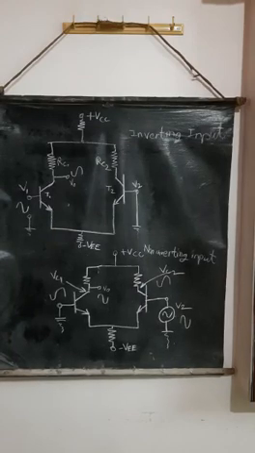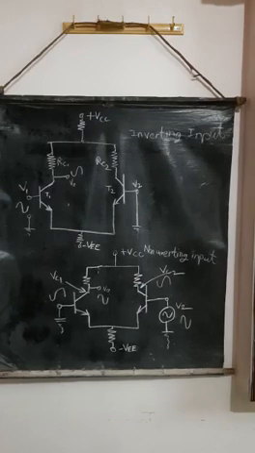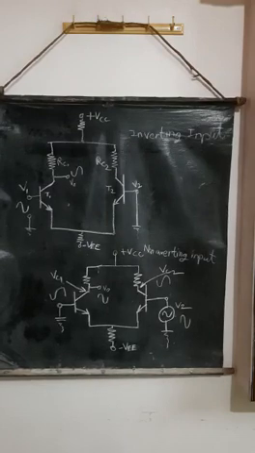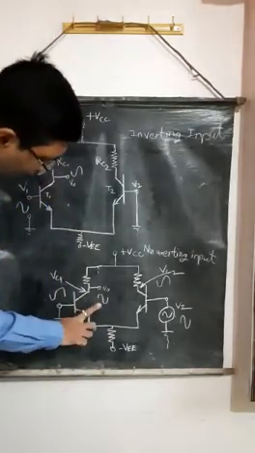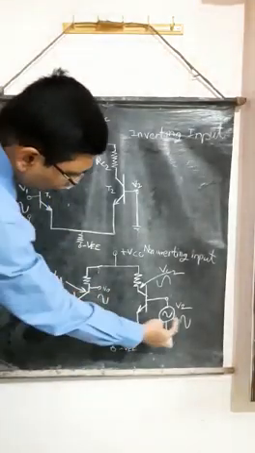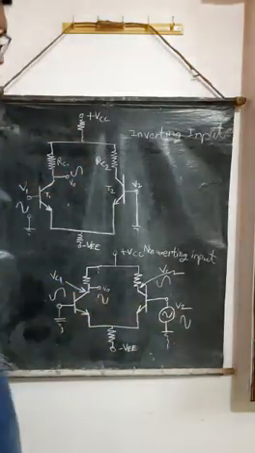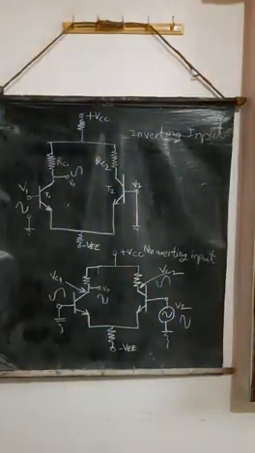Therefore this collector VC1 is inverted. So this collector VC1 is inverted, which is in phase with the input. इसका कलेक्टर सिग्नल ऐसे मिल रहा है which is in phase with input, input से same हो जाए. So it is called as non-inverting amplifier.